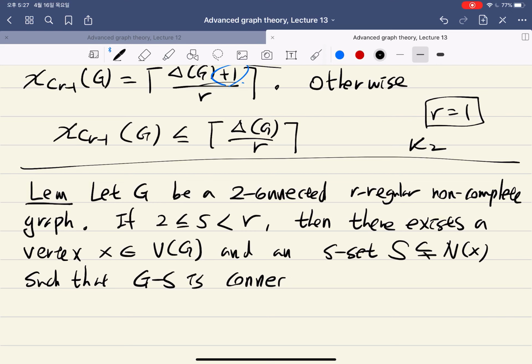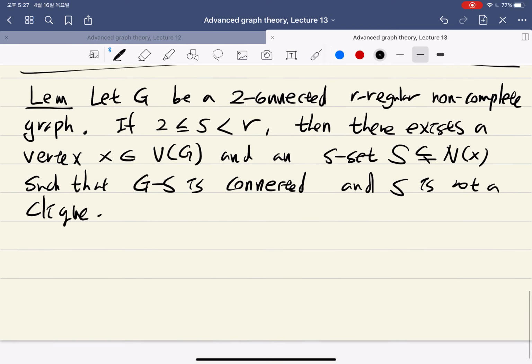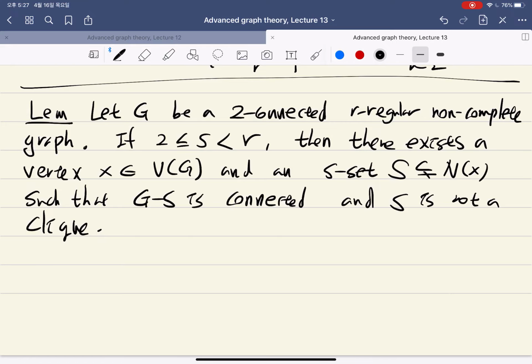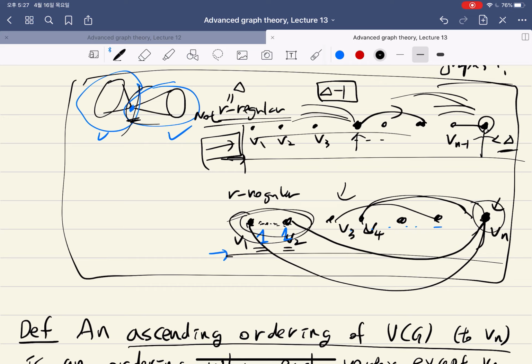So once we delete it, it doesn't disconnect. And S is not a clique, meaning that it contains two vertices which are non-adjacent. So this S will be the vertices that we put at the beginning in here.